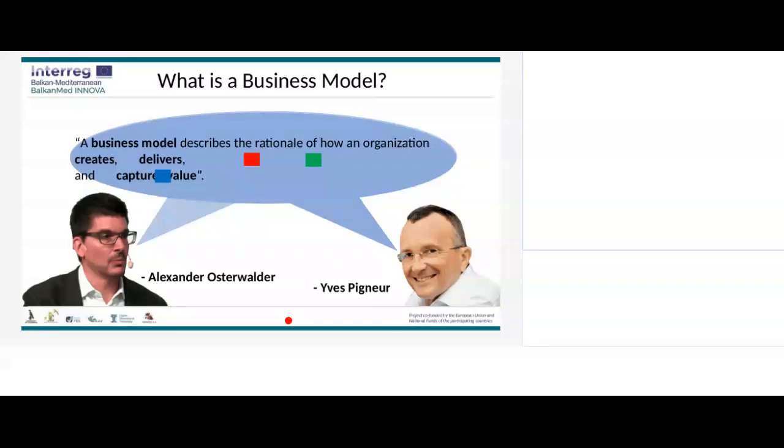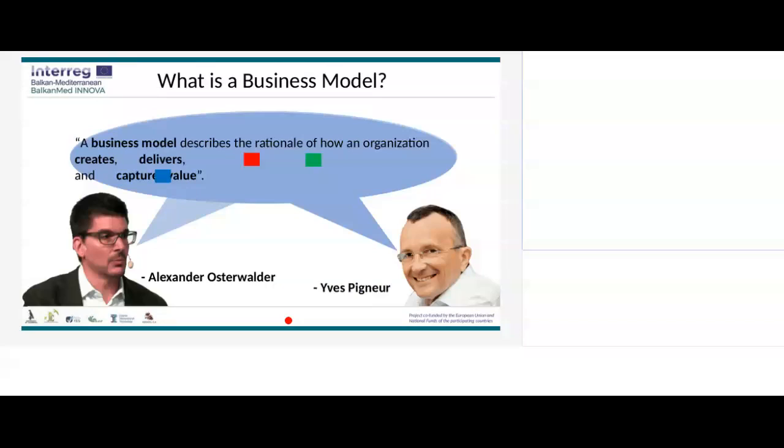So let's now see what a business model is. Alexander Osterwalder and Yves Pigneur are the originators of the Business Model Canvas framework. They created it in a 2010 paper, which was published and widely distributed in the community, and that's why it became so famous.